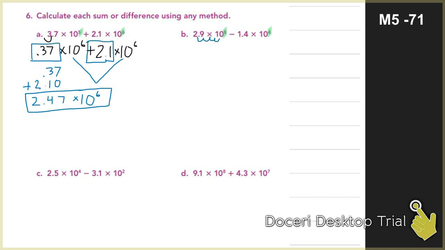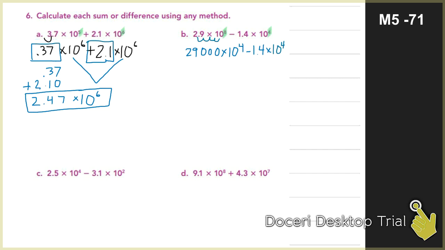So now I'm going to have 29,000, because I fill all those with zeros. So 29,000 times 10 to the 4th now, minus 1 4/10 times 10 to the 4th. Okay, now I have the same characteristic in both, 10 to the 4th. So now I know I can just solve this like a subtraction problem.